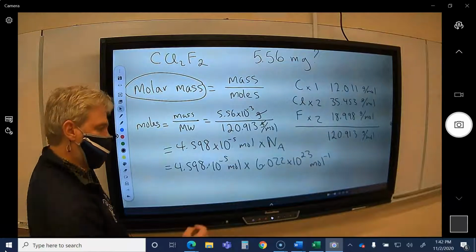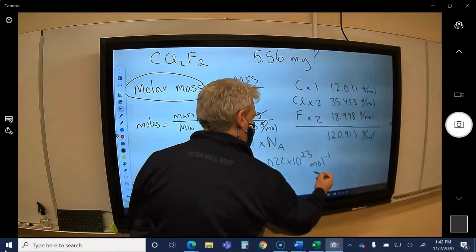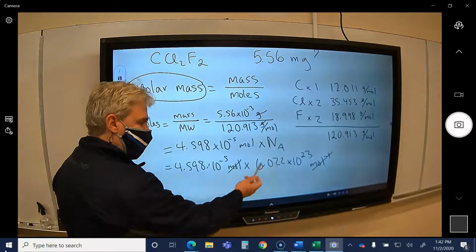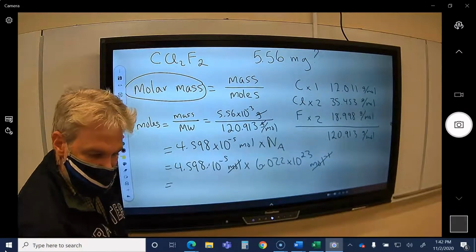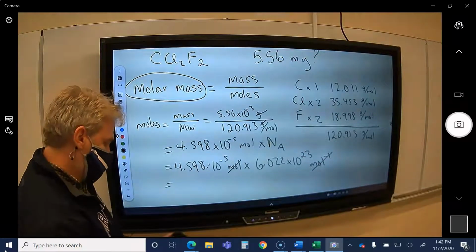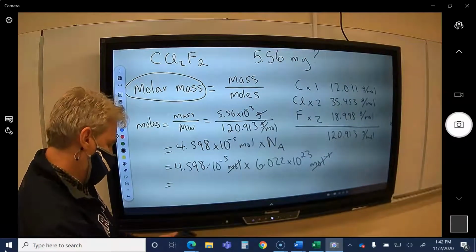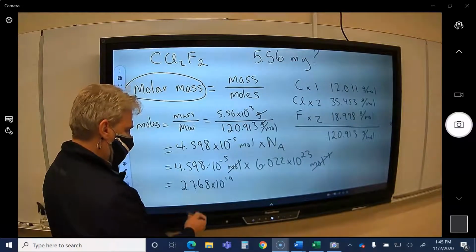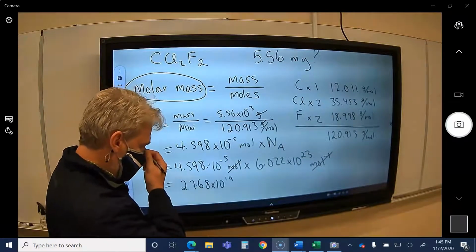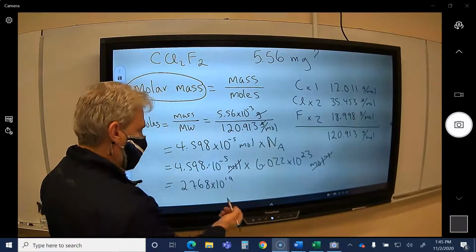The idea here, dimensional analysis again, is that we are going to cancel out our moles, and the answer has no units on the number of things. It should just be a number. How many molecules? The final answer is 2.768 times 10 to the 19th molecules of Freon-12.